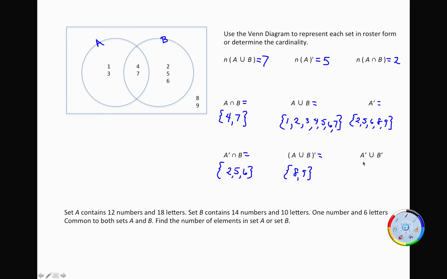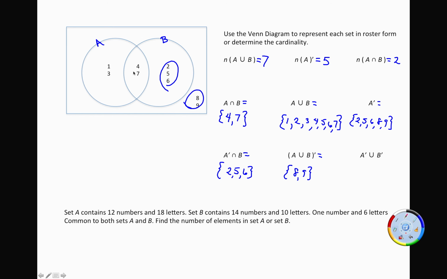Not A or not B. Okay, not A. Here's the circle of A. So these elements are not A. Now I'm going to do not B in red.